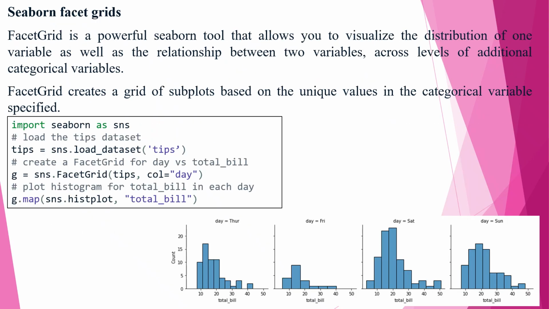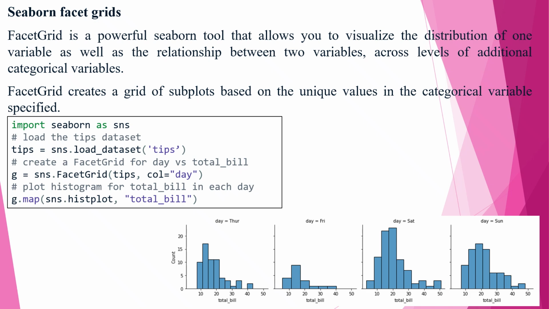FacetGrid in Seaborn is used to create multiple plots based on categories in the data, making it easier to compare patterns across different groups. It organizes the plots into a grid layout where each subplot represents a subset of the data based on a categorical variable. In this example, the tips dataset is loaded and a FacetGrid is created based on the day column, which means separate plots are generated for each day.